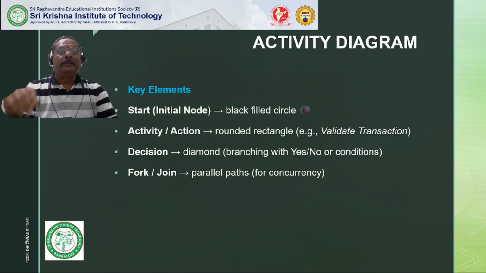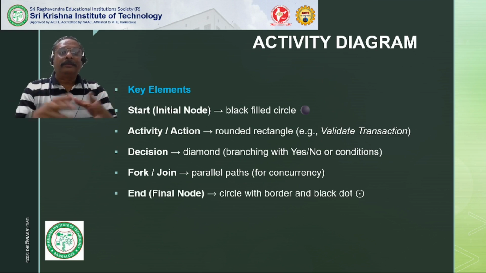So in each path we can have different activities, so that we can say that the actions are run concurrently, and at the end, when all the concurrent activities are done, then finally we want all the results to be joined together, so we make use of a join there.